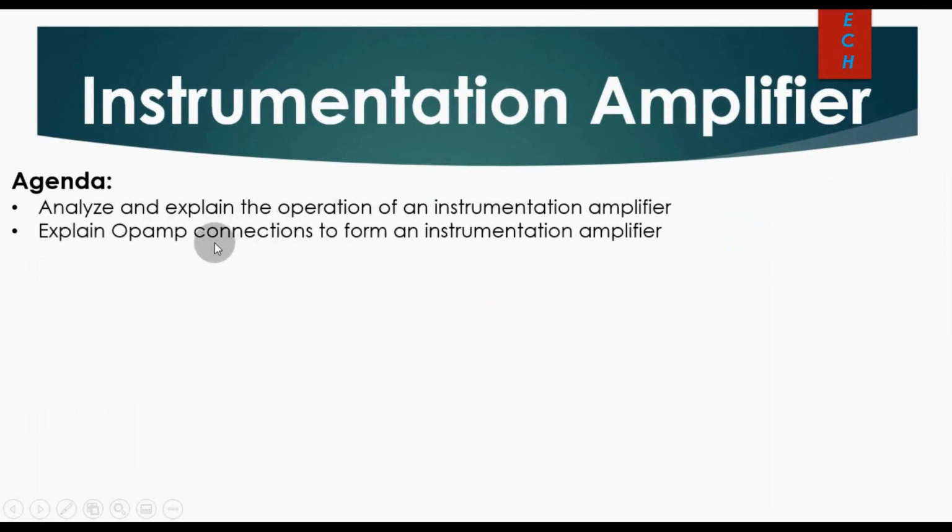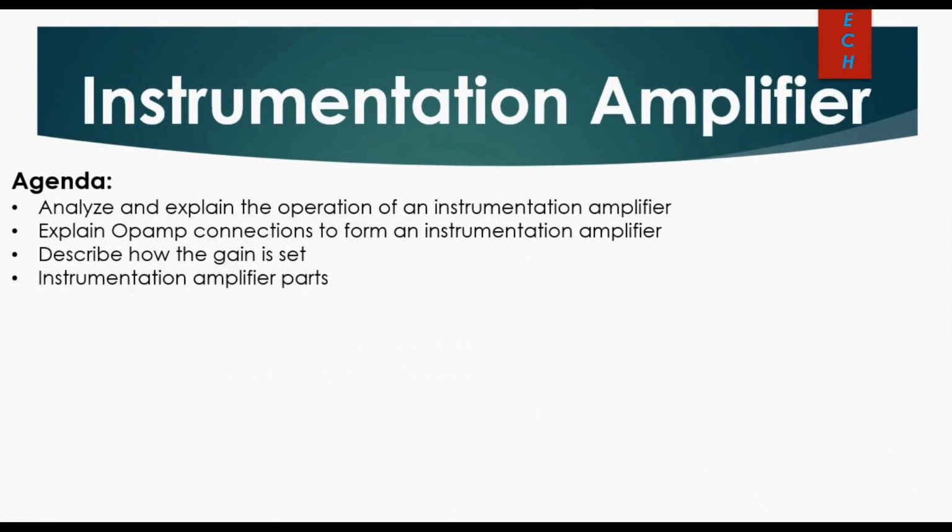We will understand how op-amp connections form an instrumentation amplifier, describe how the gain is being set on the instrumentation amplifier, and instrumentation amplifier parts available in the market, right? So all these topics we will cover in today's presentation, right?